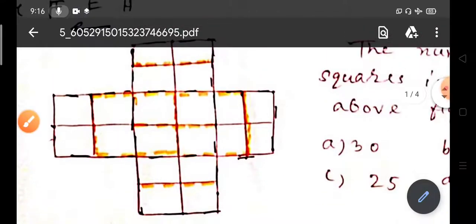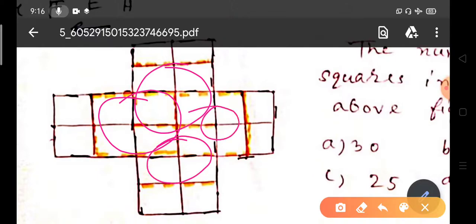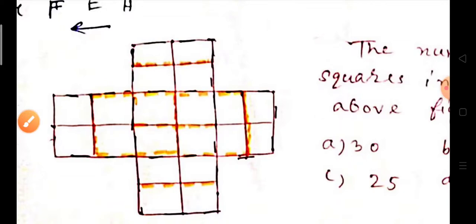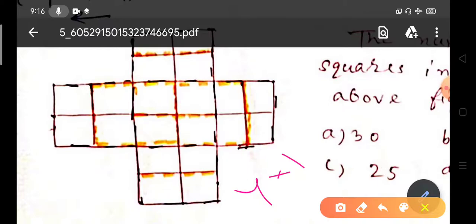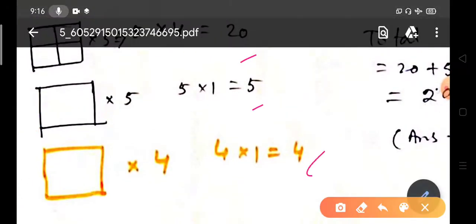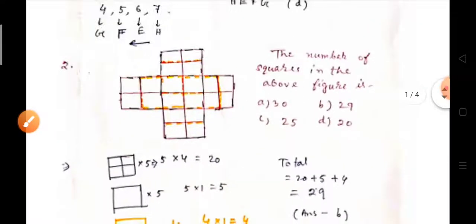And now you have to take the overall diagram, which has inside squares like 1, 2, 3, 4. These are the 4 different squares inside this box, so this will be 4 into 1. So overall we should get 20 plus 5 plus 4, that is 29. So the correct option is option B.